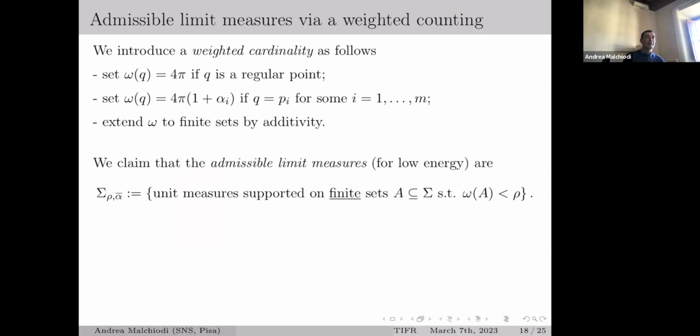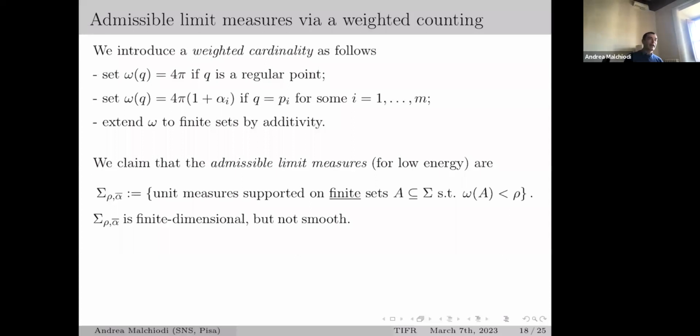Okay, so my claim is the following, that if the energy gets low, then the possible concentration measures are the ones that are supported on finite sets, so that the weighted counting is less than rho. So rho is the curvature which is given by the singular Gauss-Bonnet formula.